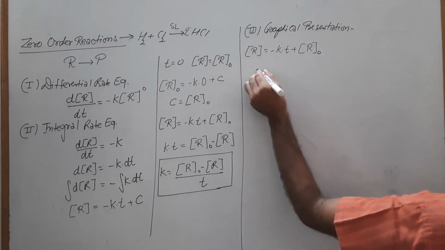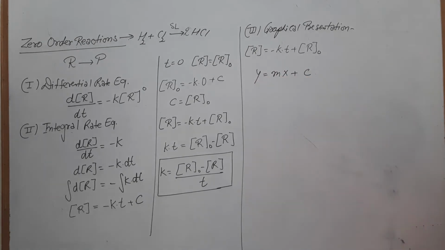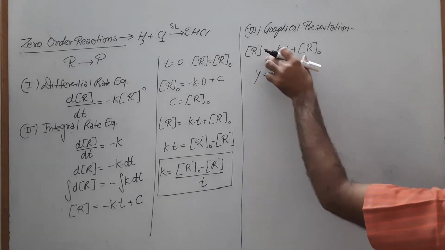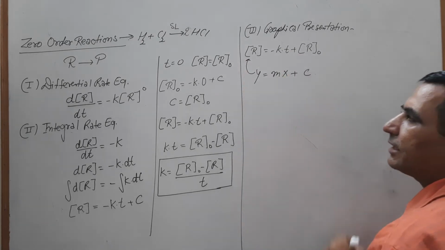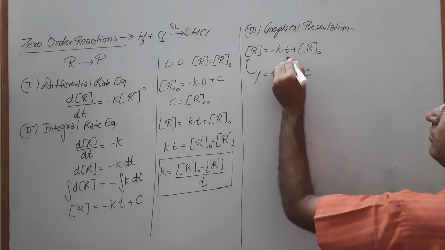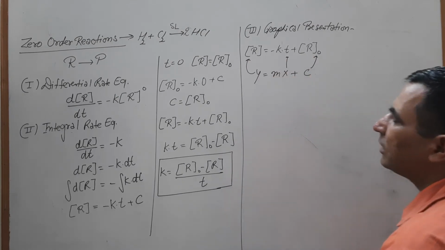We compare it with the straight line equation y equals mx plus c. On the y-axis we take R, on the x-axis we take t, and c equals R0.